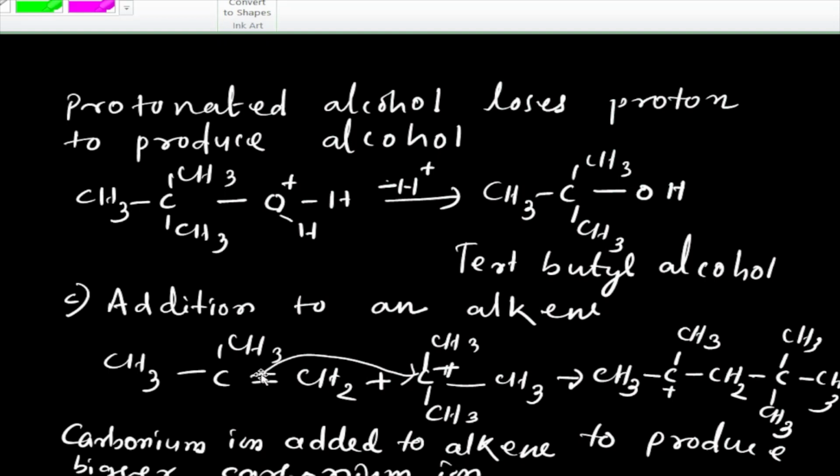What is the name? 2-methylpropene. If 2-methylpropene is attacked by a carbonium ion having three alkyl groups, the electron pair comes to the carbon plus, that is the tertiary butyl carbonium ion, which accepts electrons from the alkene.